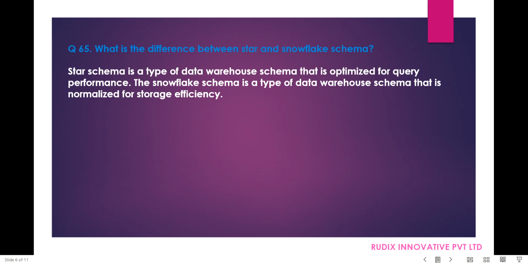Star schema is a type of data warehouse schema that is optimized for query performance, whereas snowflake schema is a type of data warehouse schema that is normalized for storage efficiency. In a simple way: when data is in normalized form, we use snowflake schema. When data is in denormalized form, we use star schema.